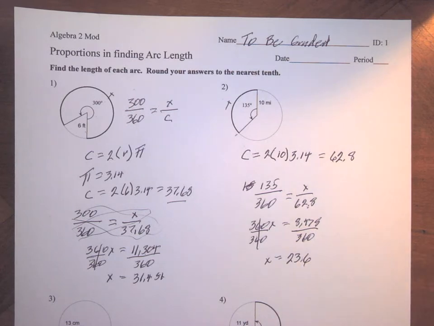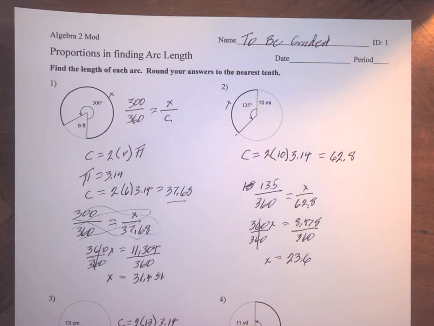And like I said, they're all the same, guys. Here we've got to calculate the circumference. Circumference is going to be equal to 2 times 13 times 3.14.